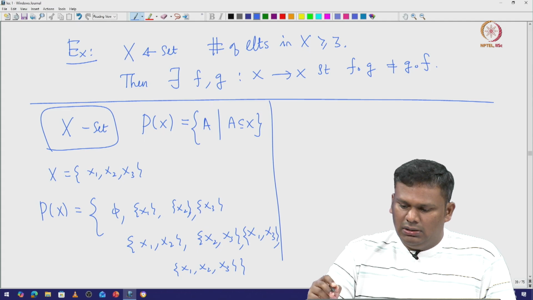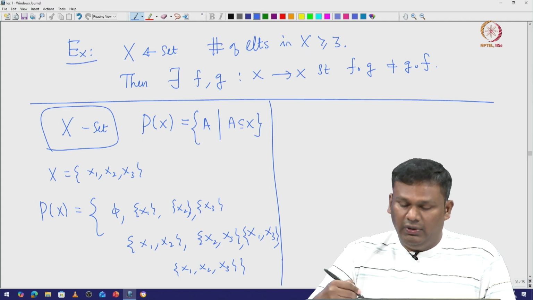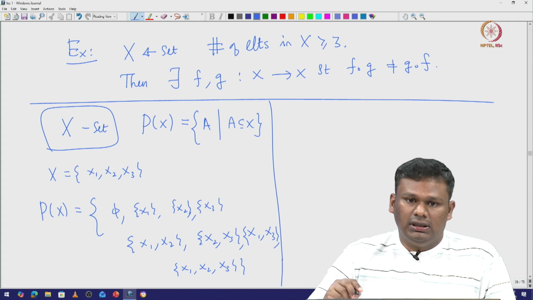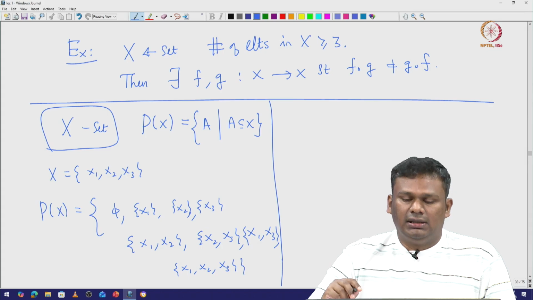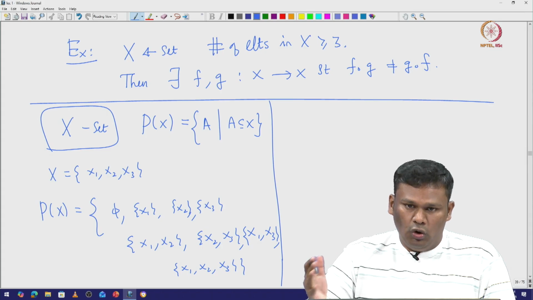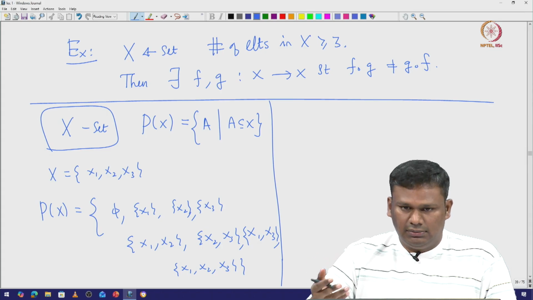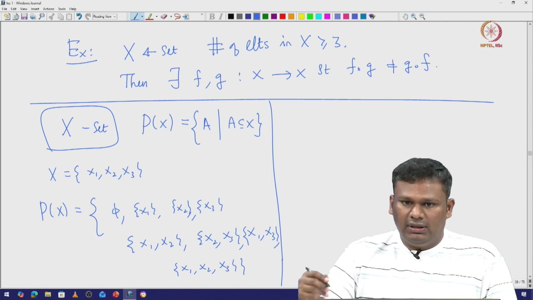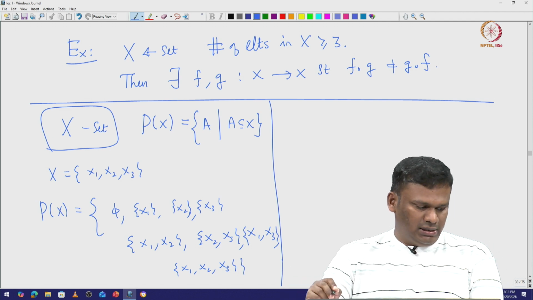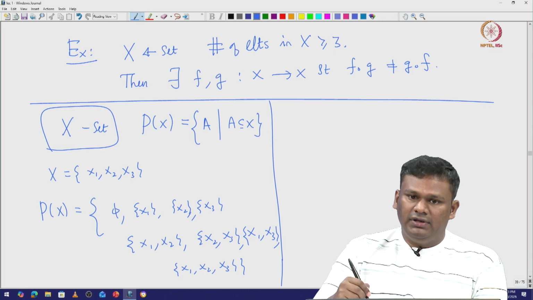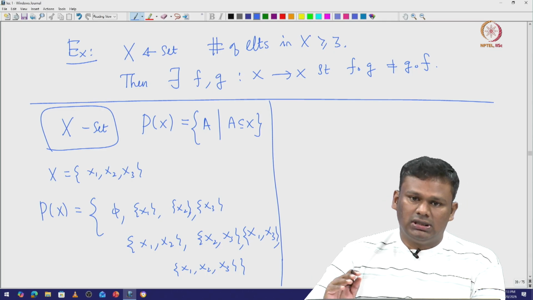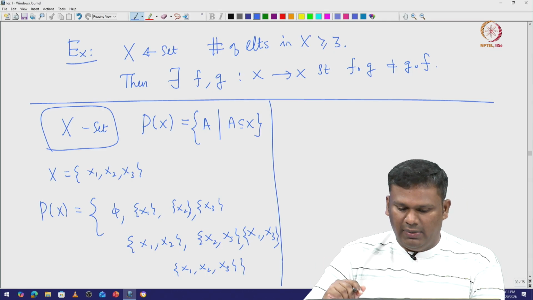Later, when I talk about cardinality, I will tell you what it means to say that the power set of a given set has more elements than the set. But before that, let us prove Cantor's theorem, which tells us that there exists no surjective map from X to the power set of X.